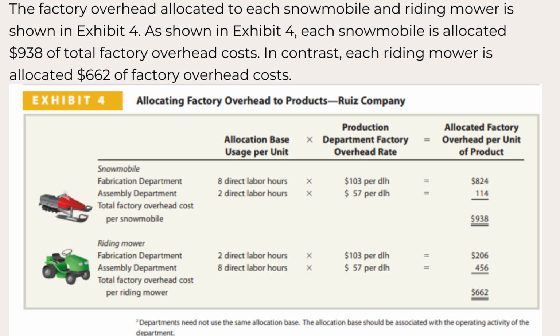To get the total factory overhead cost per riding mower, we simply add the two departments, the fabrication department, $206, and the assembly department, which is $456. So we come up with $662, the total factory overhead cost per riding mower.